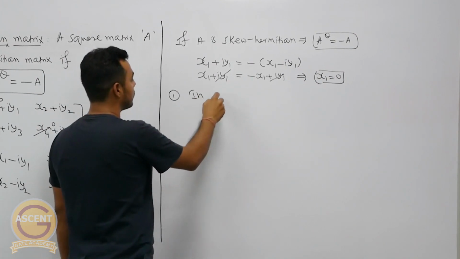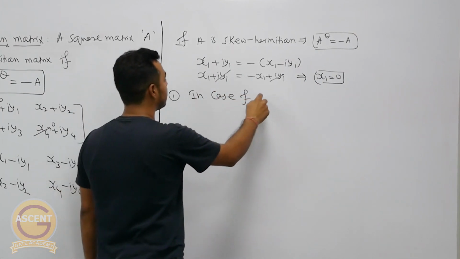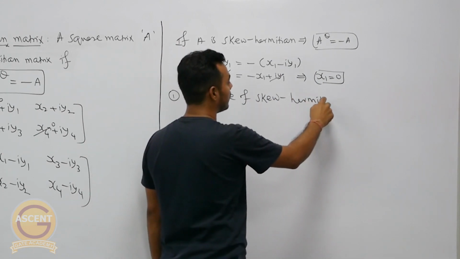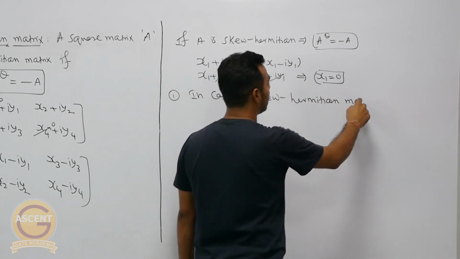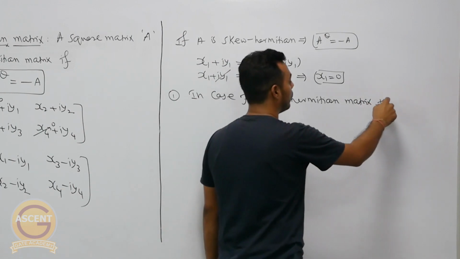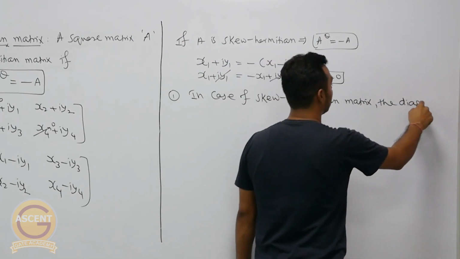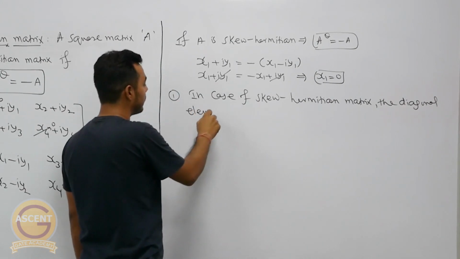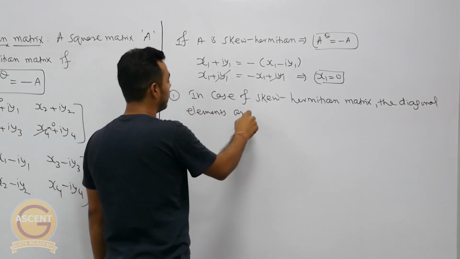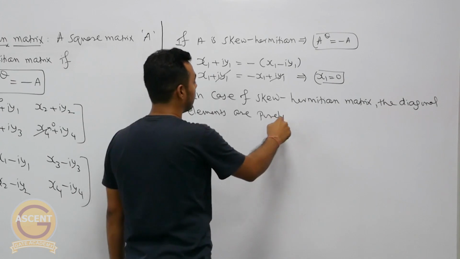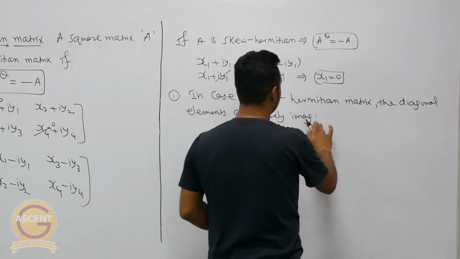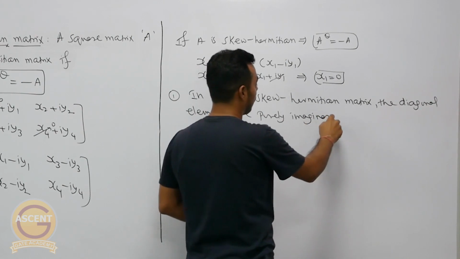In case of a Skew-Hermitian matrix, the diagonal elements are purely imaginary. Purely imaginary means real part is 0. So purely imaginary or 0.